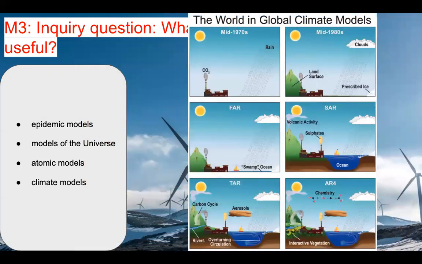Now, we can also have a look at climate models. Climate models have changed drastically. If you try to look at anything to do with the climate on a worldwide basis, it is almost impossible without really powerful computing equipment. In the mid-70s, you said, okay, there's rain, there's surface, carbon dioxide. Our climate models now are not just about carbon dioxide, there's methane, water vapor.